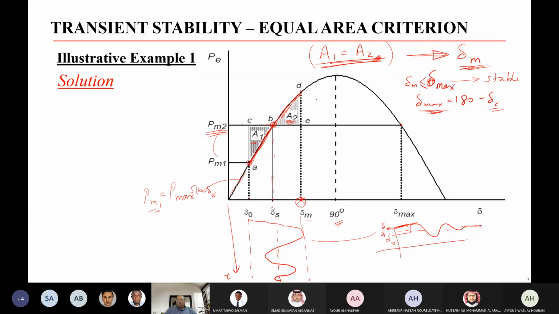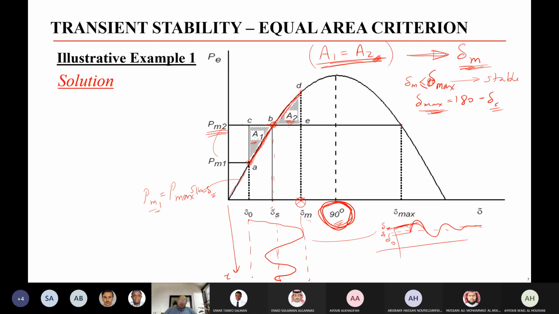So when we solve here, if delta M is less than delta max, the system becomes stable. It has nothing to do with 90. 90 is when we are checking the steady state stability, the operating point. During the transient, the angle could go beyond 90.